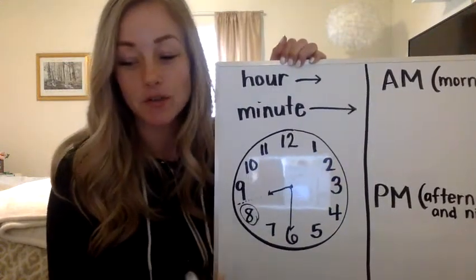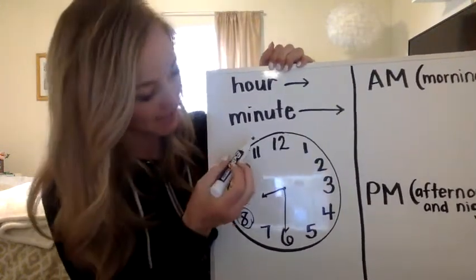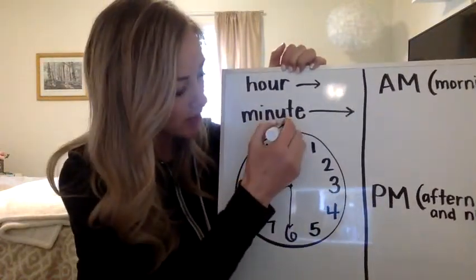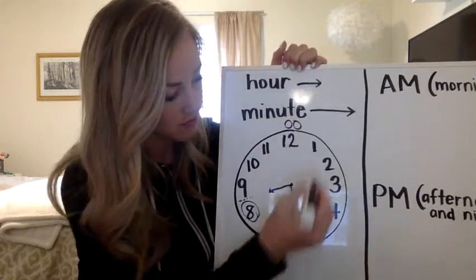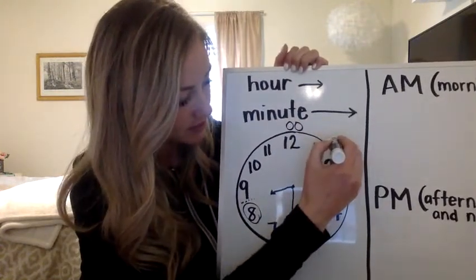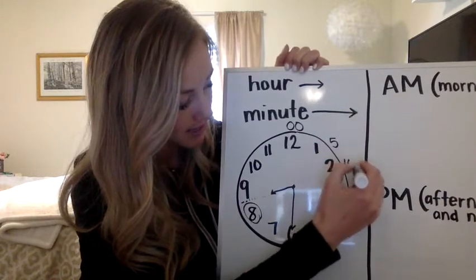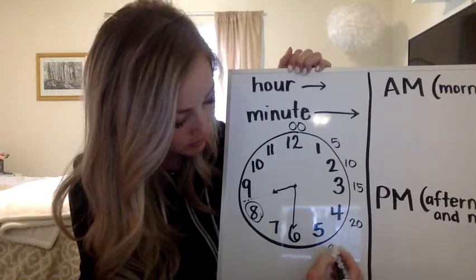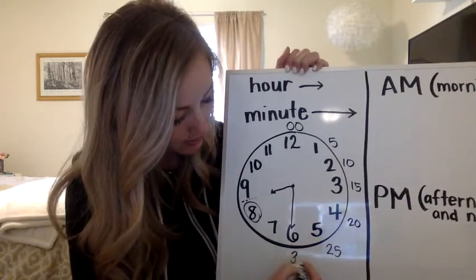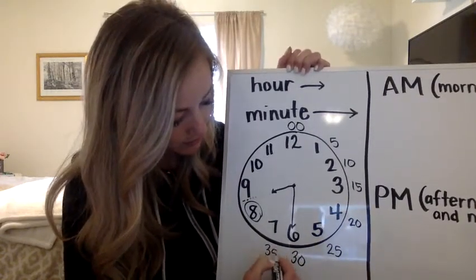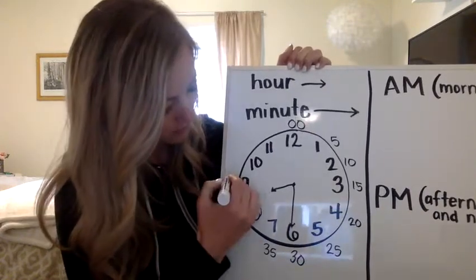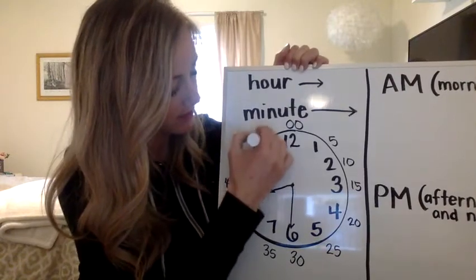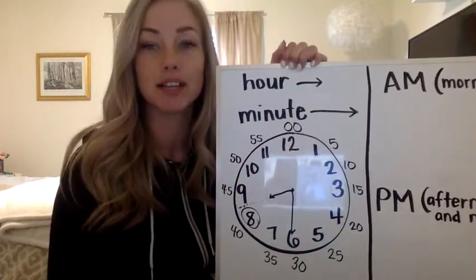Okay, and then for the minute hand, you guys get to count by fives, which I know you all know how to do. So up at the top, it starts at 0, okay? And then we count by fives. 5, 10, 15, 20, 25, 30, 35, 40, 45, 50, 55, and then it's to a new hour again, okay?